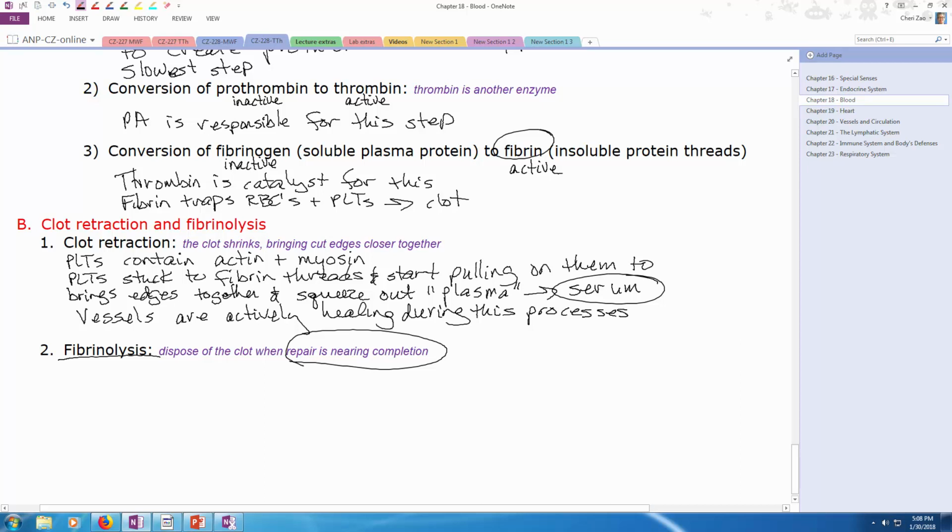And so with fibrinolysis, you have to realize healing tissues must be releasing something. They release an important chemical called tissue plasminogen activator.